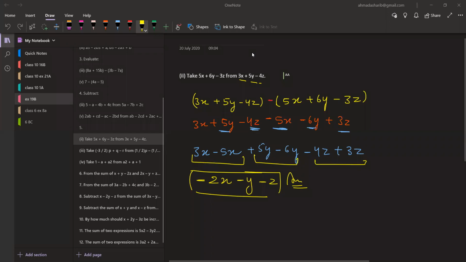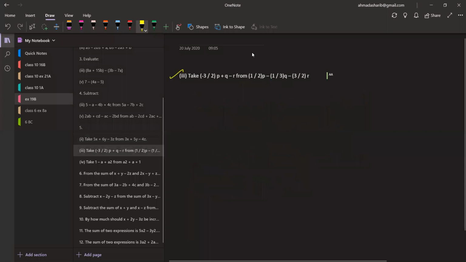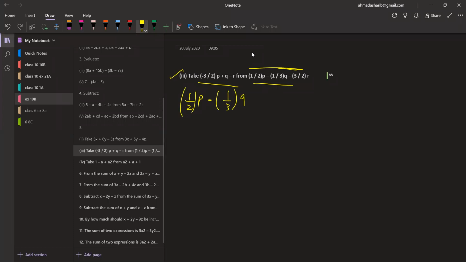Okay. So let us now solve the next question. Question number 3. Take this from this. So I will write this portion first. Okay. So I will write 1 upon 2p minus 1 upon 3q minus 3 upon 2r.